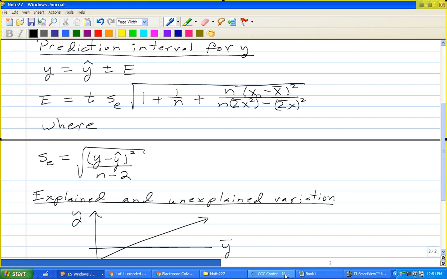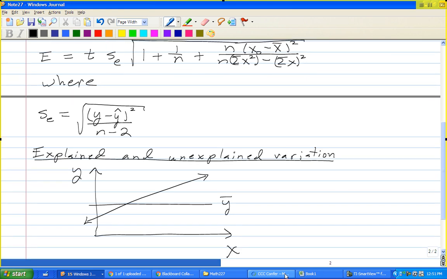Okay, let's scroll down, I think. Okay, so say I'm looking at this point, and it has, say, this value. Okay, so this is the predicted y.